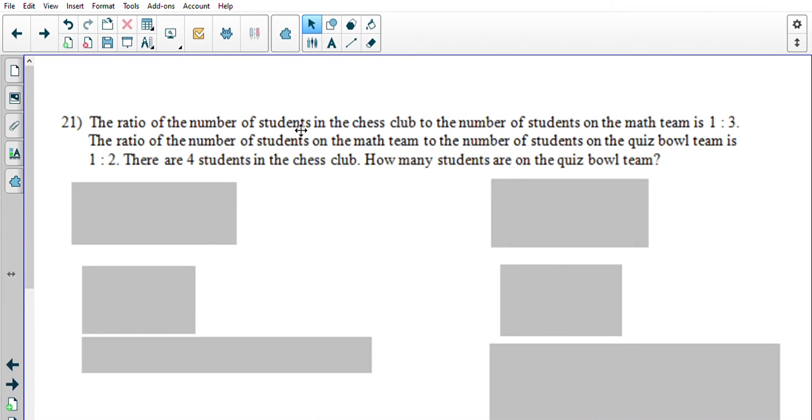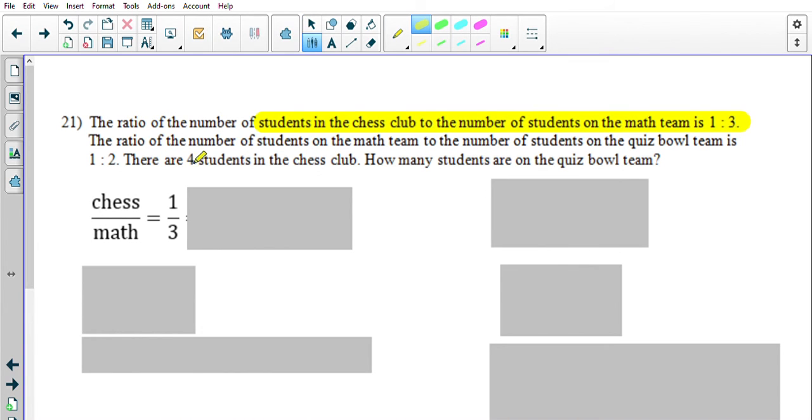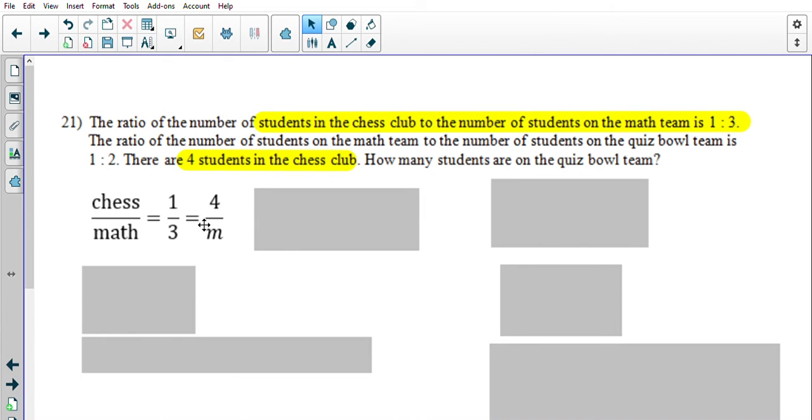So let's start with this first sentence. It says that the number of students in the chess club to the number of students on the math team is 1 to 3. So I set up a ratio here. Chess to math is 1 to 3. I know, though, that there are 4 students in the chess club. So I'm going to put a 4 on the top for chess. Let's figure out how many students are on the math team.